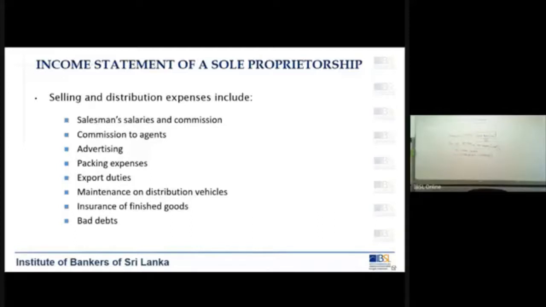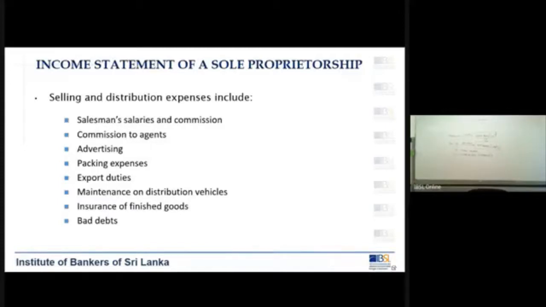For example, you might have to promote your products to make them more attractive. You do a lot of advertising on television, on radio, on the web, and even on social media. You will do a lot of advertising or promotional activities.